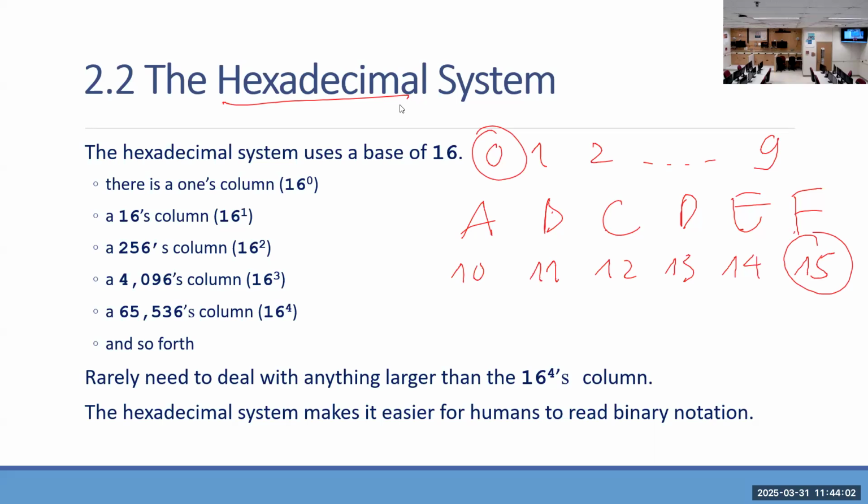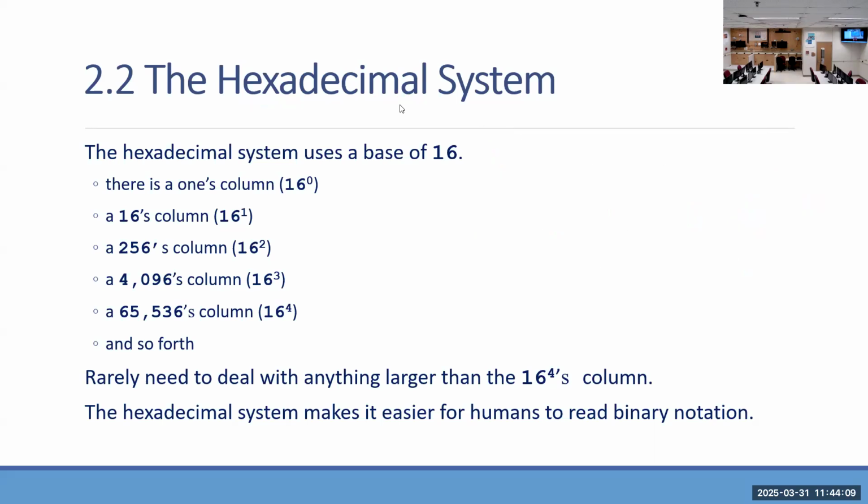Okay? Now, let me ask you the question here. If I need to represent one hexadecimal digit, you see the hexadecimal has 16 values. What do you think?